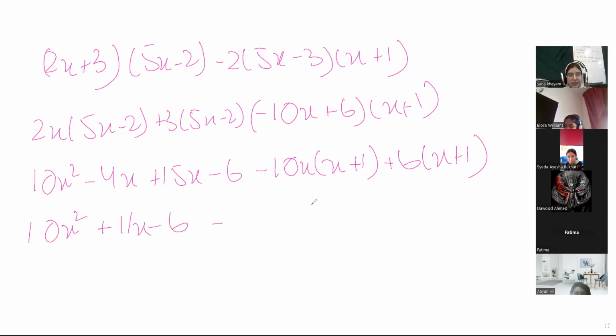Now you have 5x being multiplied with x gives you 5x squared. Then you have minus 10x squared minus 10x plus 6x plus 6.